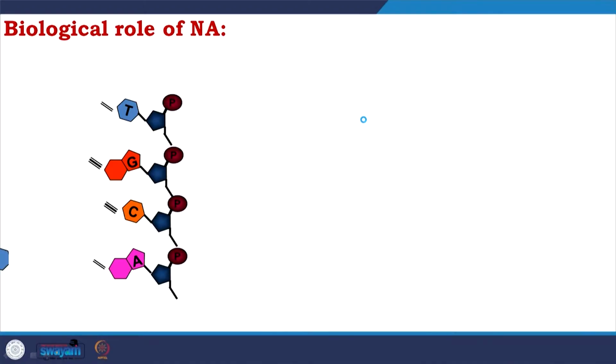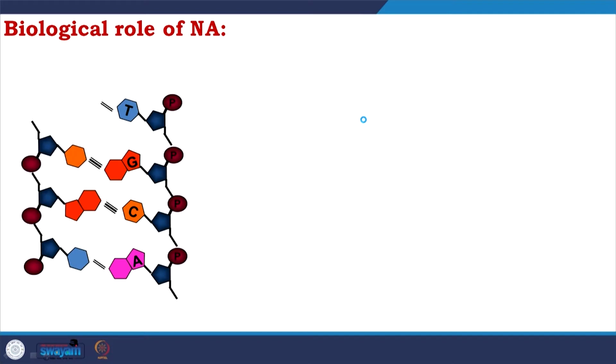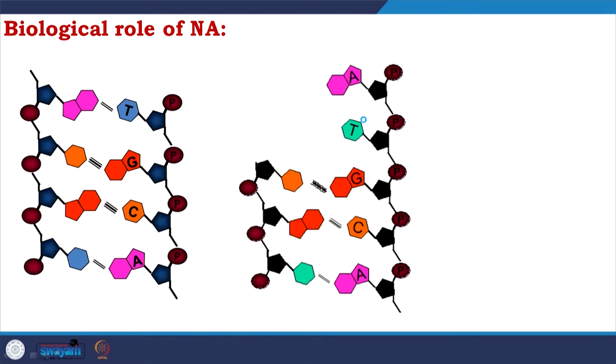So, this is normal DNA synthesis where A is there, so T is coming, C is there, so G is coming, G is there, so C is coming, and T is there, so A is coming. In that way, a newly formed chain continues to form a new DNA molecule, whereas if instead of deoxy we have dideoxy, what will happen?